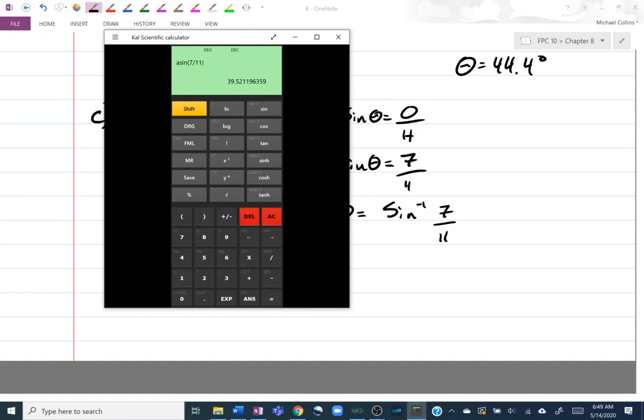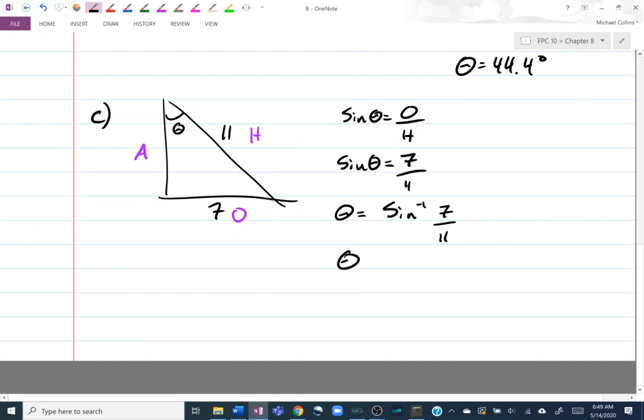And I get that it's about 39.5 degrees. It's worth mentioning that the textbook covers this all really quickly in one section, so I've attached a couple of worksheets to work on that I think are a little bit more at the Math 10 level than what the textbook goes into. But if you want some extra questions, feel free to take a look at 8.1 in the textbook.